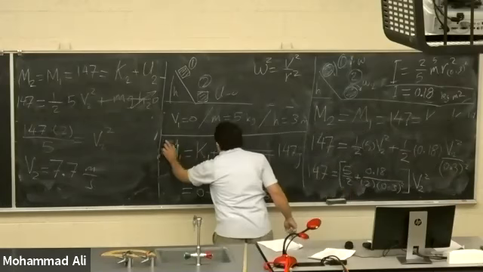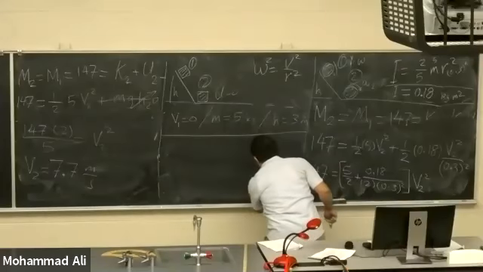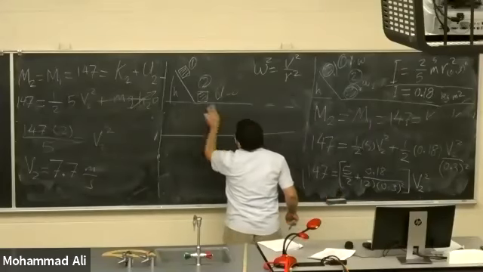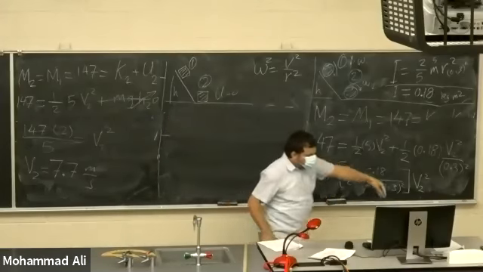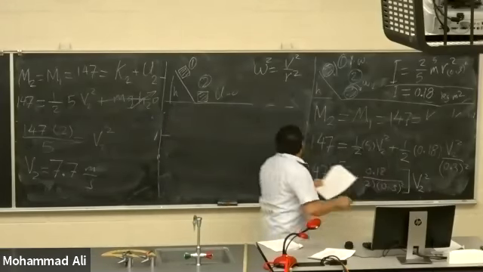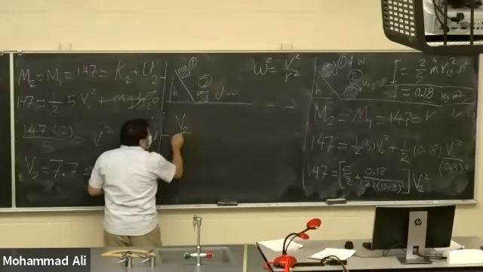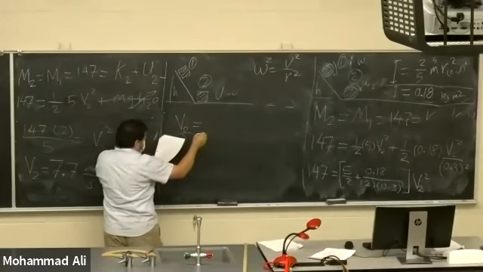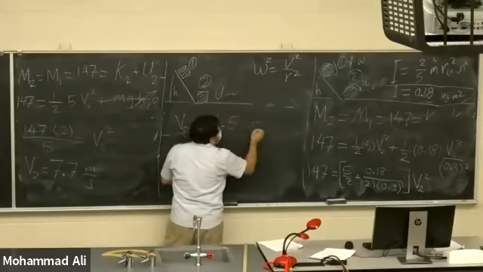I'll remove these. I will keep the sketch. Okay. By doing this, I can find V2 for that ball, which is equal to 6.5 meters per second.